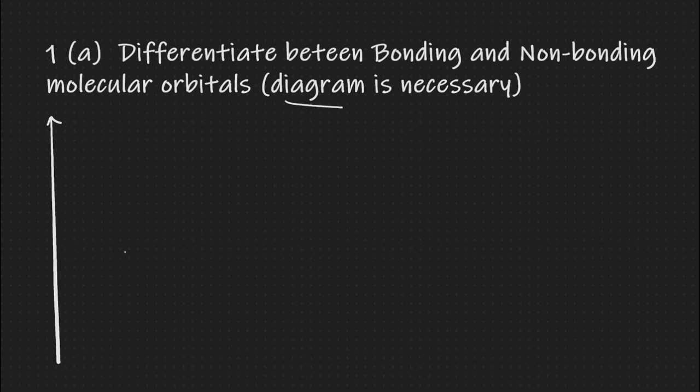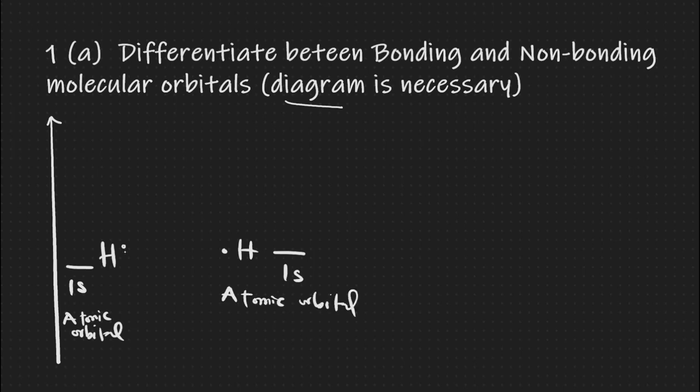We have a hydrogen atom here with its 1s coming together with another hydrogen atom with its own 1s. So these are the atomic orbitals. This one has a lone electron, and this one also has a lone electron.